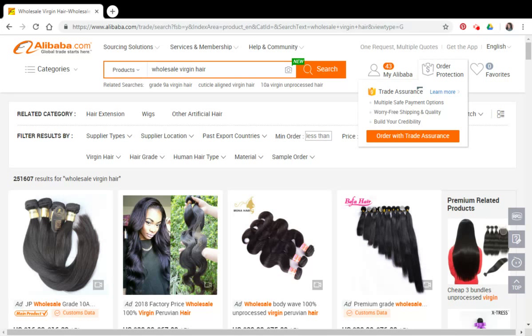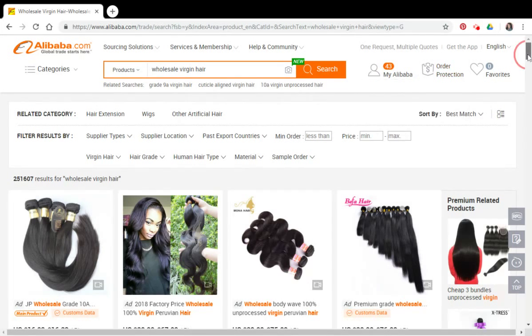The first part is the province, the second part is the actual brand name or business name that they go by, the third is the actual products that they sell, and the last part is the type of business. Usually you'll see limited or co.ltd. So that's basically the vetting criteria that I use when I look for hair on Alibaba.com.